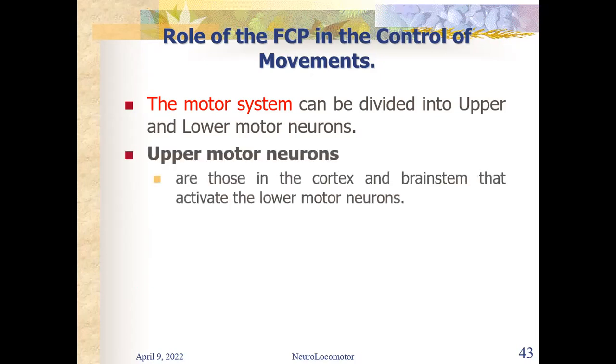Now, let's look at the upper motor neurons, especially those where the nuclei are located in the cortex. Upper motor neurons are those in the cortex and the brainstem that activate lower motor neurons. Lower motor neurons are located in the anterior horns of the spinal gray matter and in the cranial nerve nuclei of the brainstem.